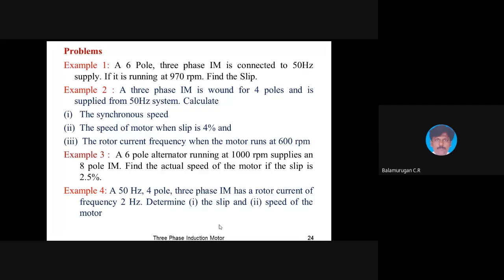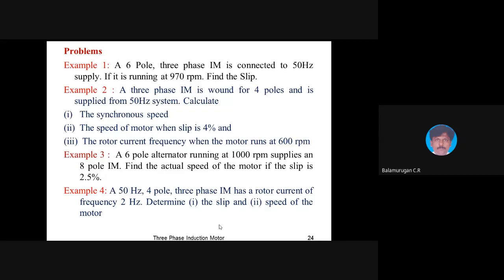What is the formula for slip? And you can solve the problem. So slip will be equal to Ns minus N divided by Ns into 100. This N value is given. You are supposed to find the Ns. Ns is not given.